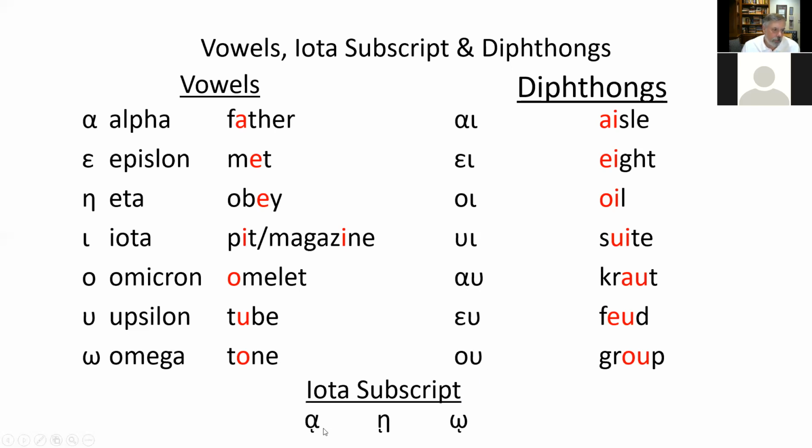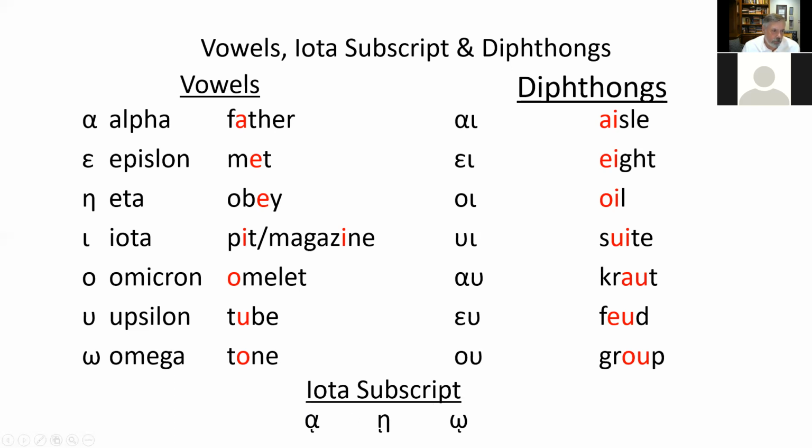Then you have what they call the iota subscript, which is like an irregular diphthong, where you might have the alpha iota, but instead you'll see this an awful lot, the iota subscripts under the alpha, under the eta, and under the omega. These are important to recognize.